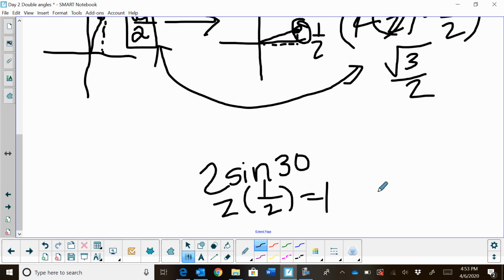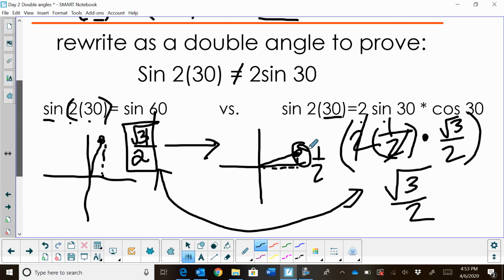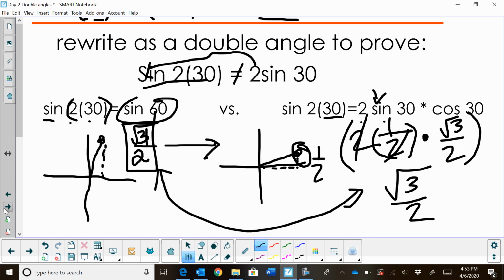And we know the sine of 60 does not equal 1. They're not equal. Therefore, this formula does indeed hold true, and the sine of 60 is equal to the formula versus 2. You can't factor this 2 out. I've just shown you those 2 are not equal.